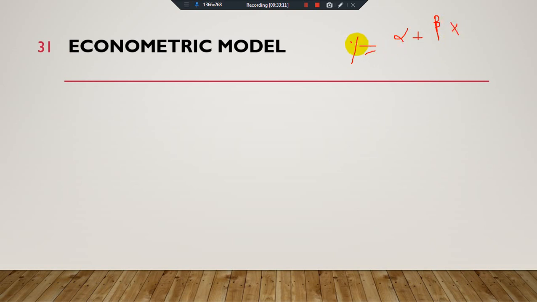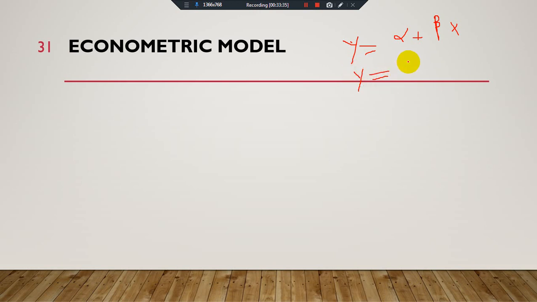Keep in mind that maths provides us an exact relationship between the variables, but we are dealing with the behavioral and management sciences. So when we are talking about the econometric model, behavioral sciences always have some non-deterministic trend in their model.